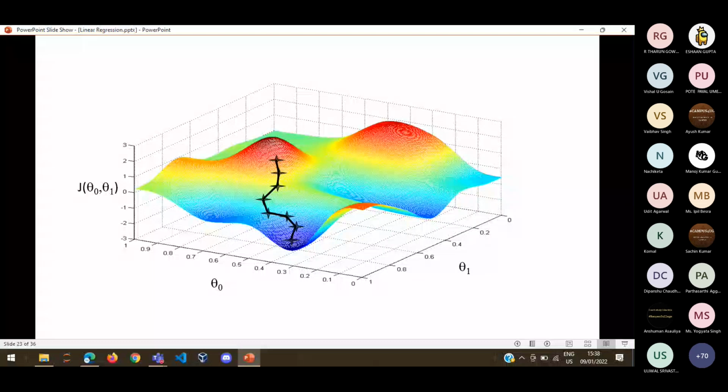You're going to update the theta naught and theta 1 parameters based on the gradient at that particular point. And for that, you are going to use partial derivatives, because the cost function is a function of theta naught and theta 1.